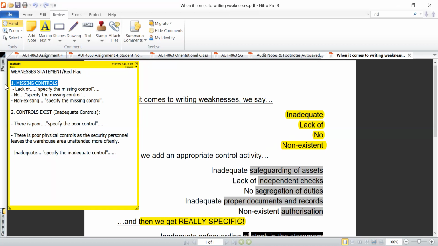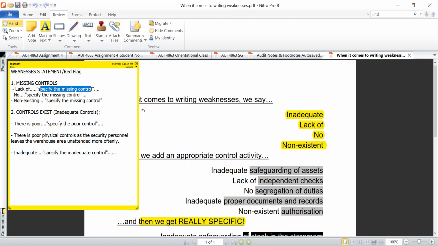Now, from that perspective, there's a way that they want you to frame your weakness statements. As typical guidance, and I'm not saying you should always follow it in that order, when you write a weakness statement pertaining to missing controls, you can use phrases such as "there is lack of," and then you specify the control that is not in place.